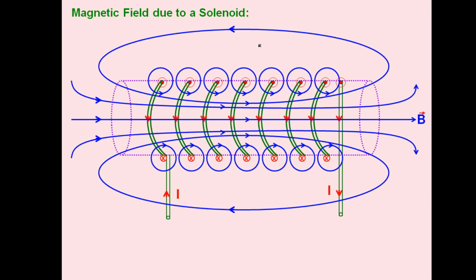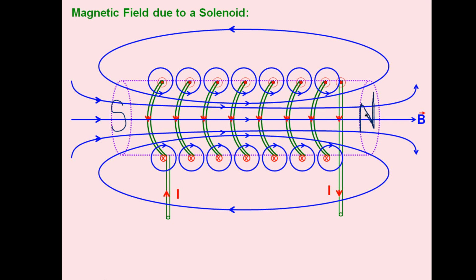The end through which current enters is important: it behaves as south, and the end through which current exits behaves like north.